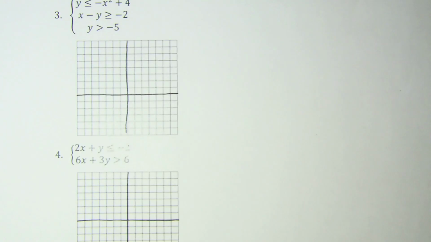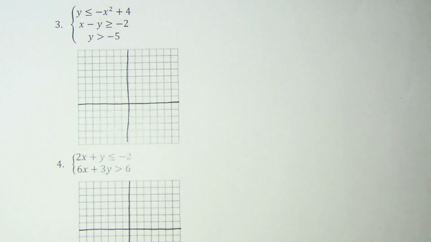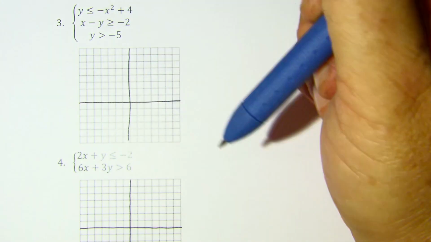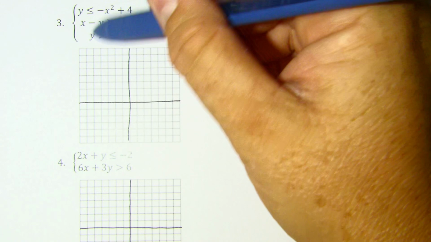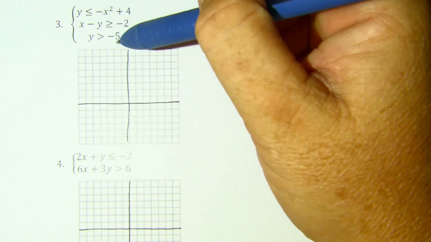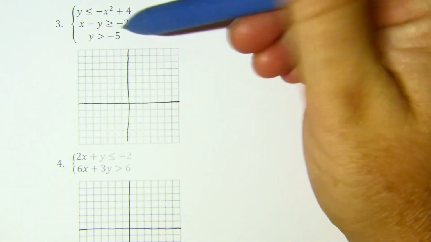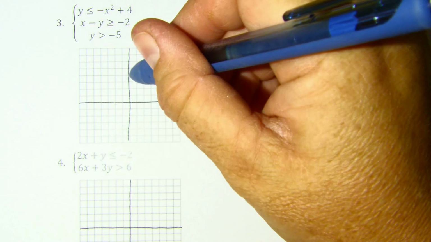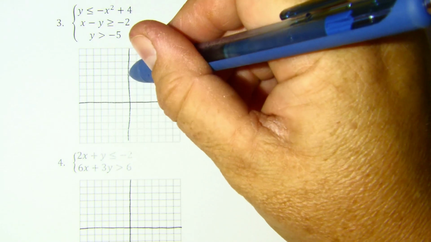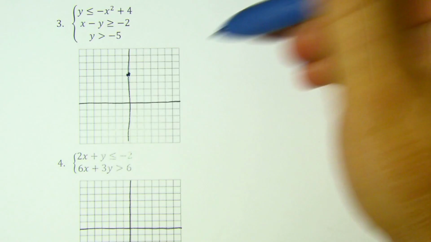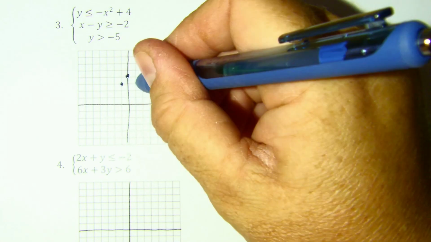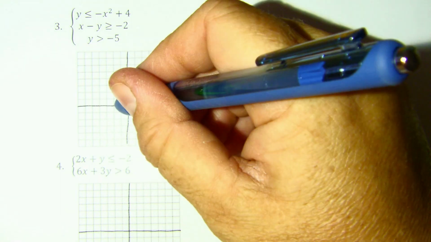And here, now we have 3 equations. So you can have more than just 2 equations. You could have 3 or 4 or however many. The first one is a parabola. It's a parabola that's going down since our a value is negative, and it's been shifted up 4. So you can see how as we progress through more material, it's testing all your prior knowledge, making sure you still know how to graph parabolas and all of that.